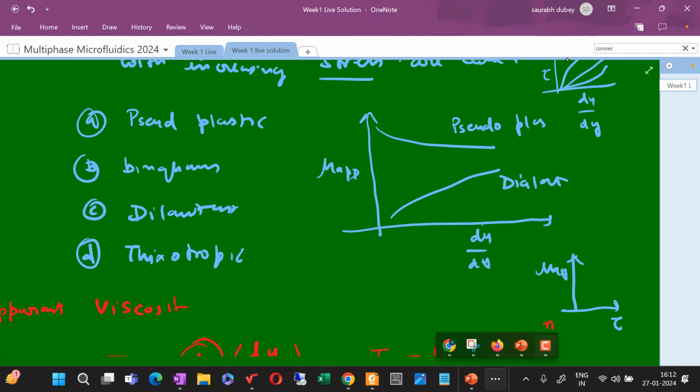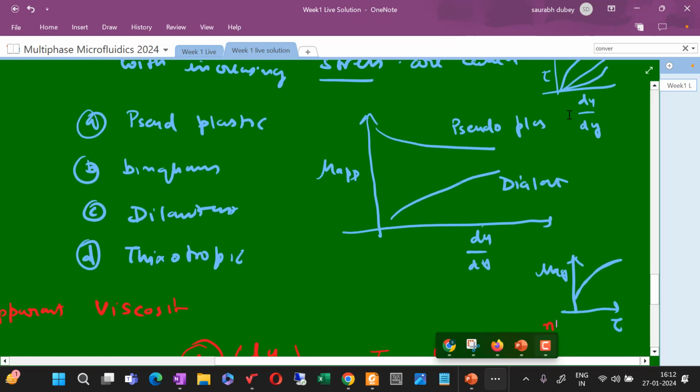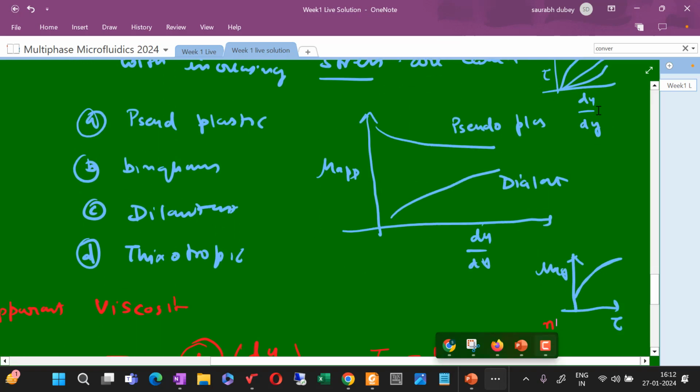With the shear rate for the pseudoplastic, tau is increasing, but the rate of increase in tau is getting slow. So this will be like this.